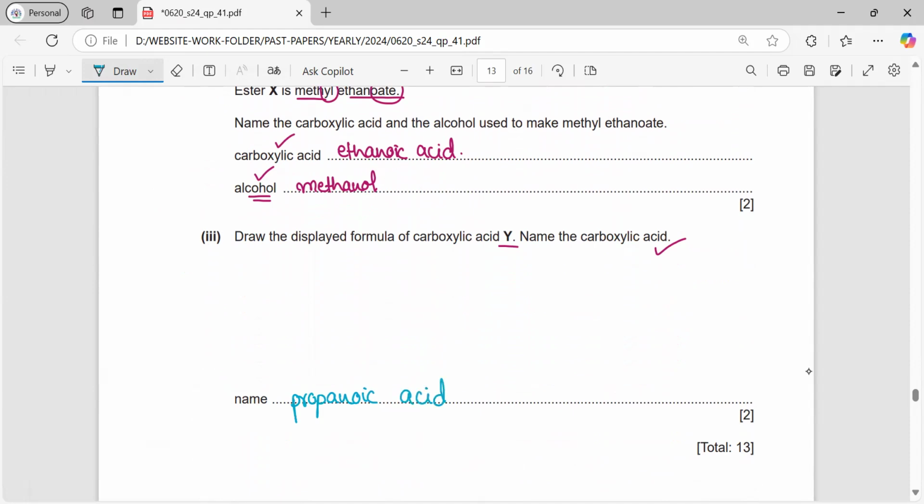And its structure will be 3 carbon atoms. On the last carbon, we can attach C double bond O, OH, which is the carboxylic functional group. And for the rest of the carbons, we'll complete the 4 valency of each carbon by hydrogen. So it will be like this. This is the displayed formula. So it will be CH3, CH2, COOH.